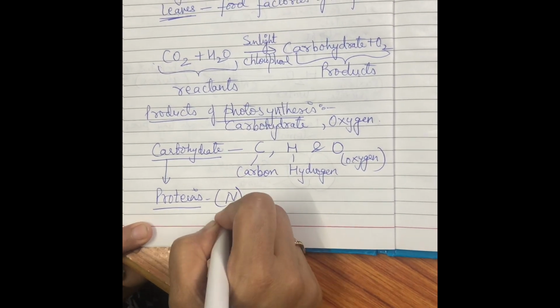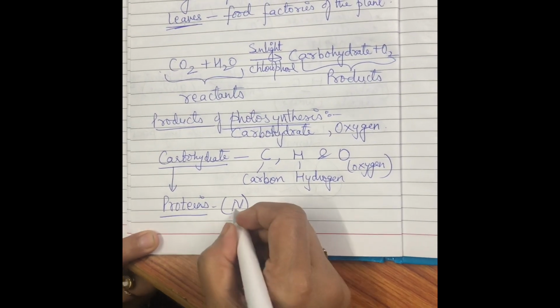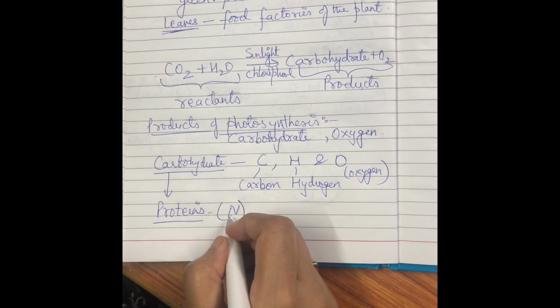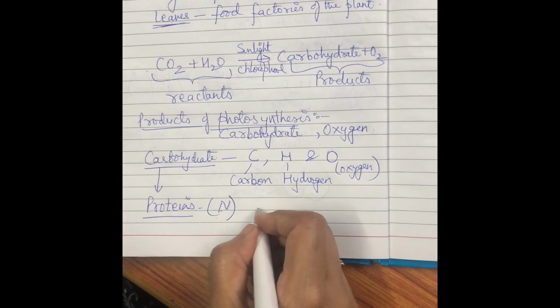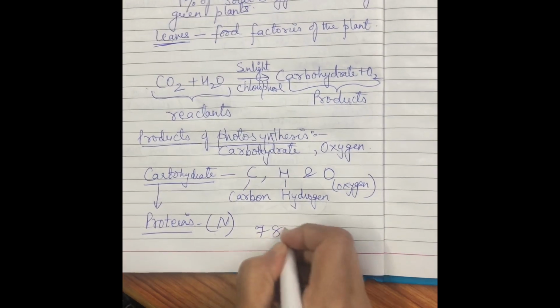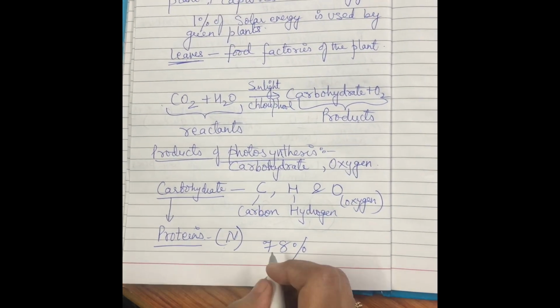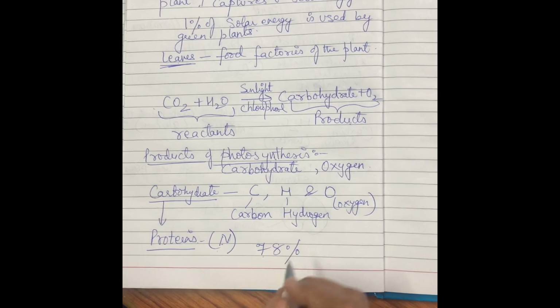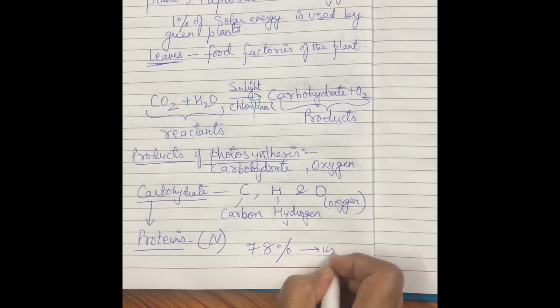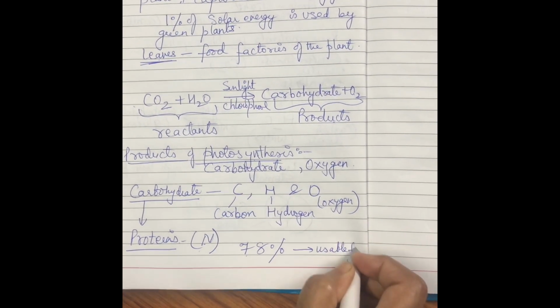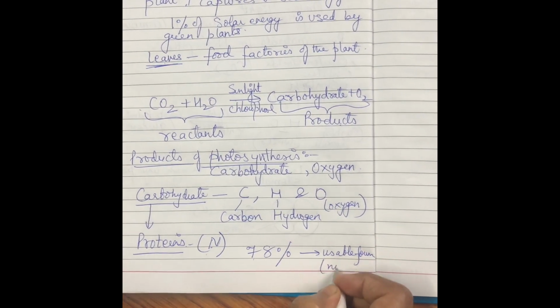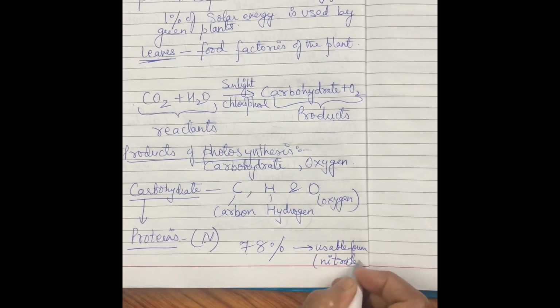So nitrogen is important for the formation of proteins. Although nitrogen is present in the atmosphere, 78% of the atmosphere is nitrogen, plants cannot use this nitrogen. It has to be converted into a usable form, that is nitrate, then only plants can use it.